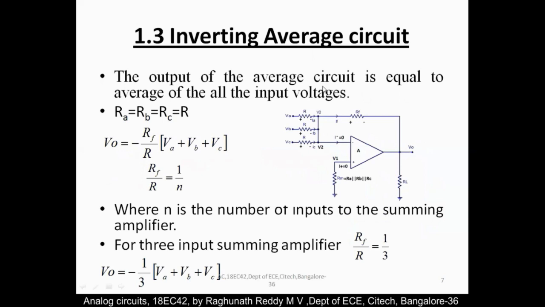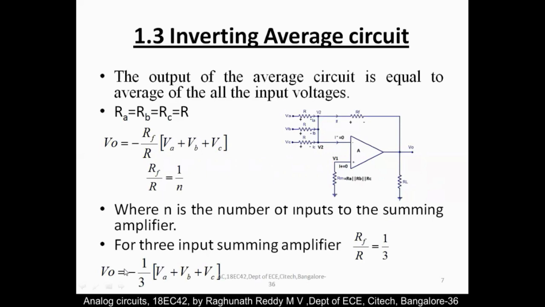Next, inverting average circuit. The output of the average circuit is equal to the average of all the inputs. This is the gain of the inverting amplifier, RF by R equals 1 by N, where N is the number of inputs to the summing amplifier. In this case N is 3 because we applied 3 inputs, so RF by R equals 1 by 3.